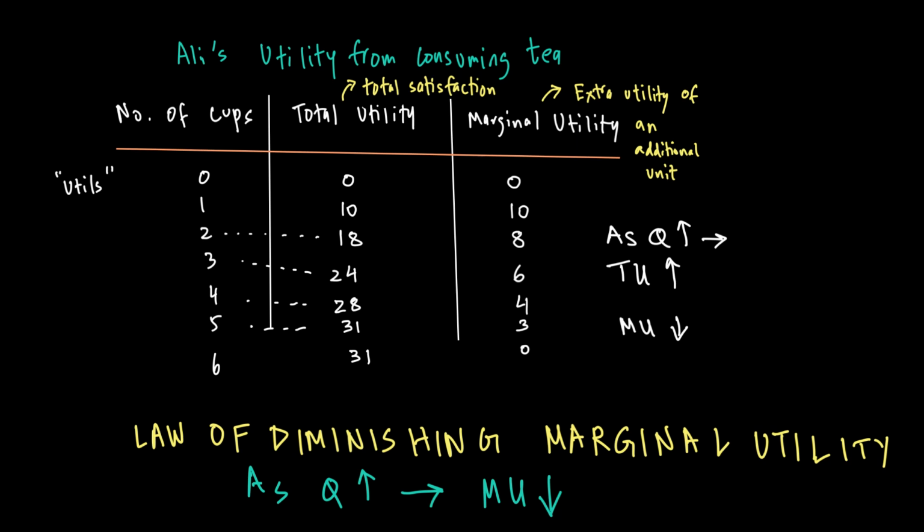When you look at the total utility curve, the x-axis will be the quantity, while the y-axis will be total utility or TU. On the other hand, when we draw our MU curve, the x-axis will be quantity and the y-axis will be MU.